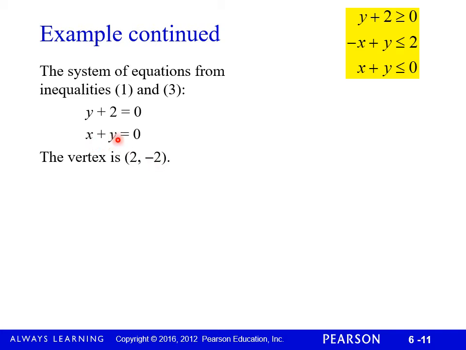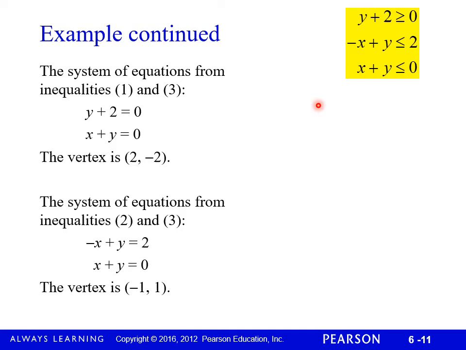We plug that in and we get x equals 2 in the second equation. These are pretty straightforward. And then from 2 and 3, these last two equations, here we have to do a little bit more, but notice if we add the equations together, the x's will disappear because they're opposite signs. So we get 2y equals 2 or y equals 1, and then we can plug it back in.